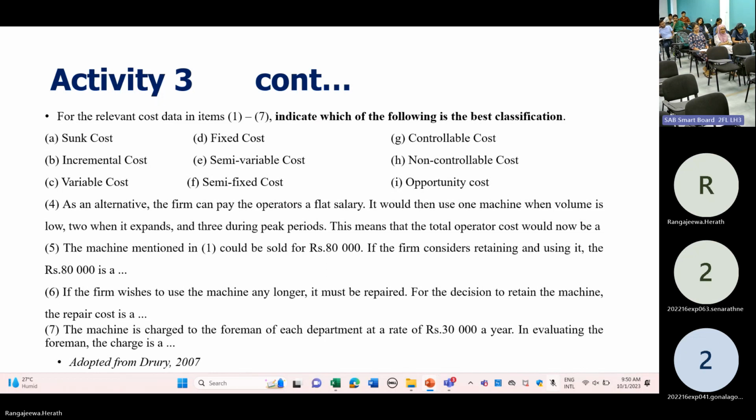For the decision to retain the machine, the repair cost is, when you decide to use the machine, a relevant cost. That is an incremental cost, additional cost to be incurred by implementing a decision.